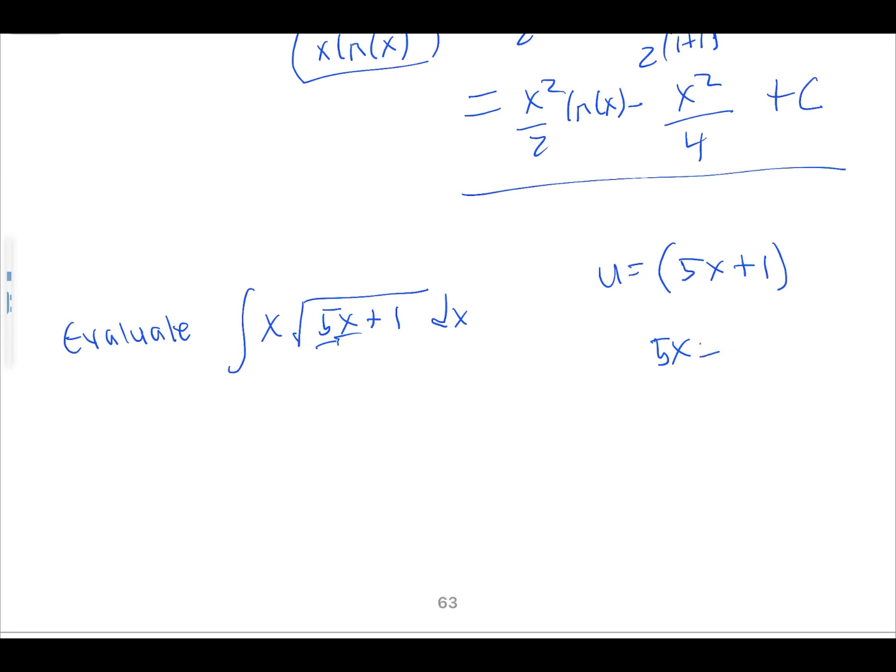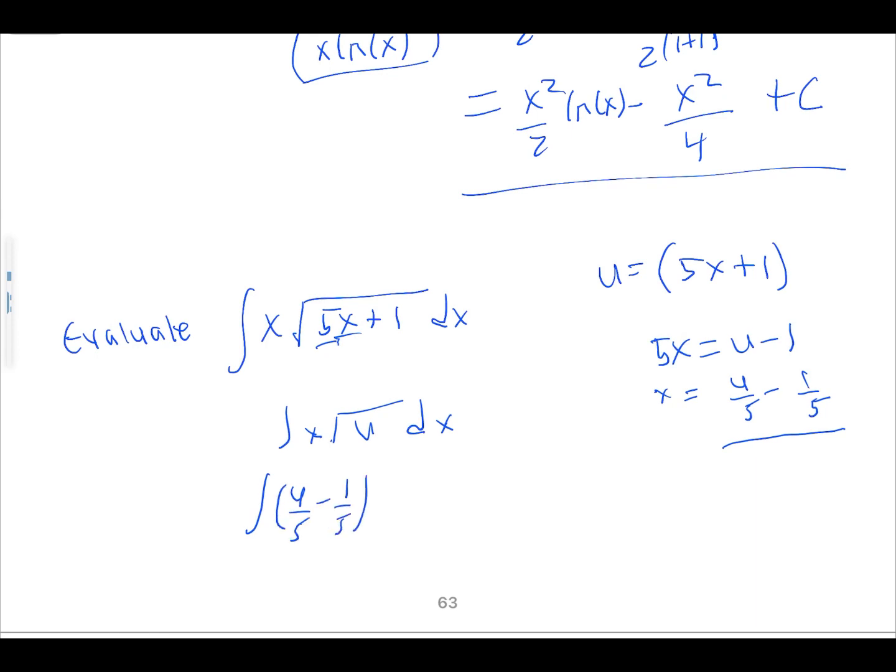After doing this, you can say, okay, 5x is equal to u minus 1, and then you divide both sides by 5 and you get x equal to u over 5 minus 1 over 5. When you replace this x here, with the square root of u, you will be able to make it one variable, which is u over 5 minus 1 over 5 multiplied by the square root of u.